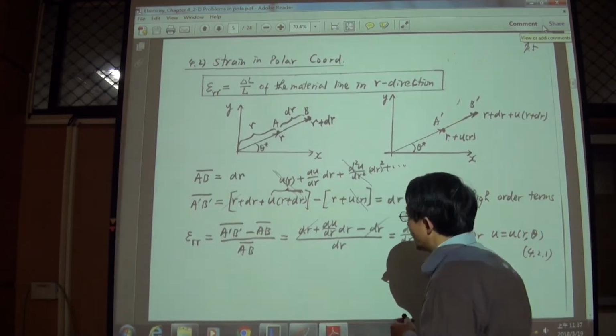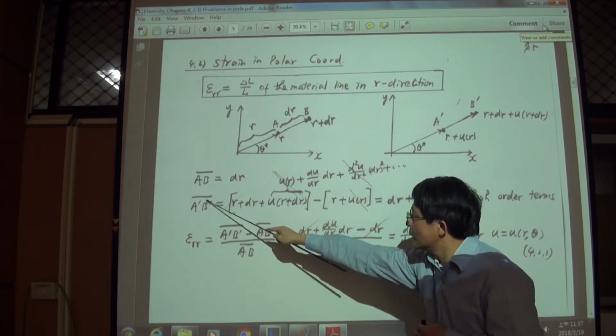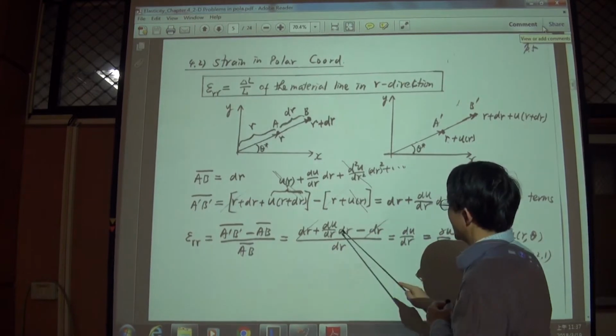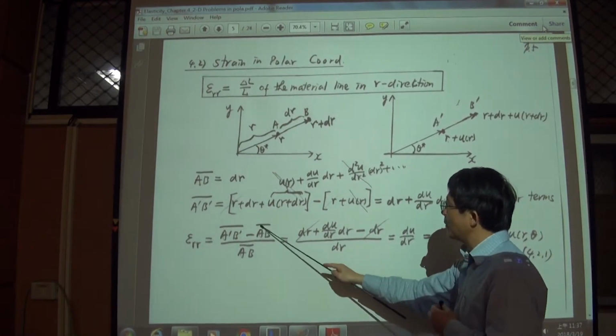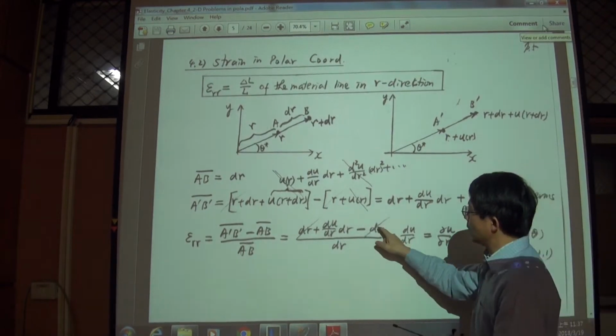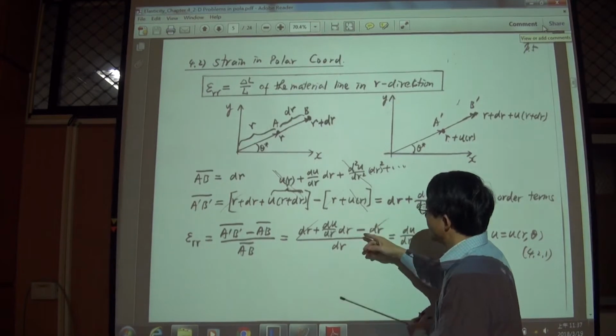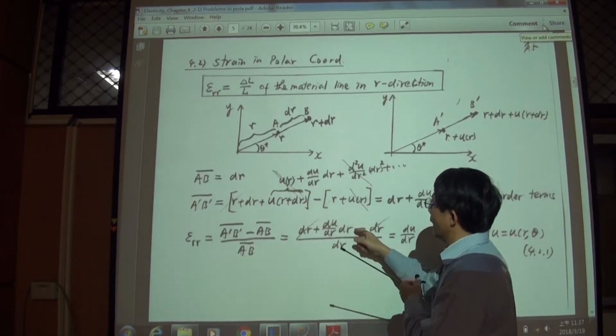Now A prime B prime equals this one, and AB equals dr. So this is AB bar, and this is A prime B prime bar.